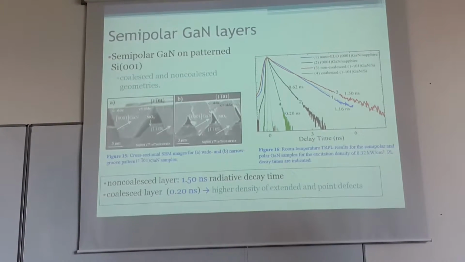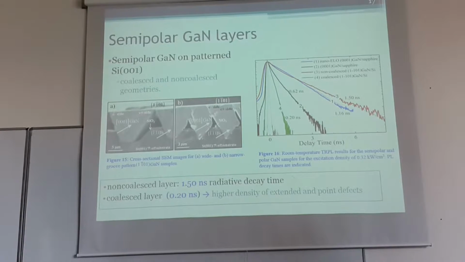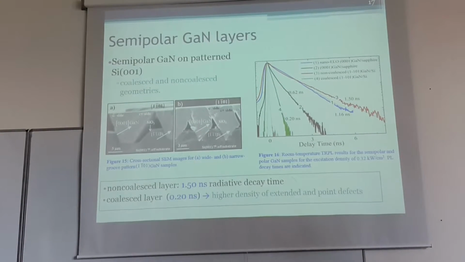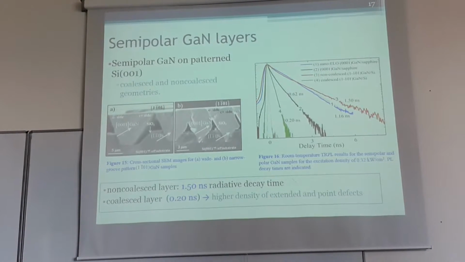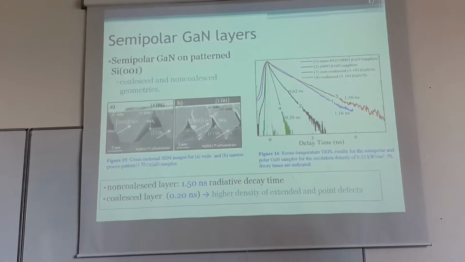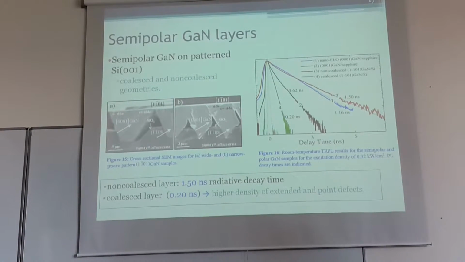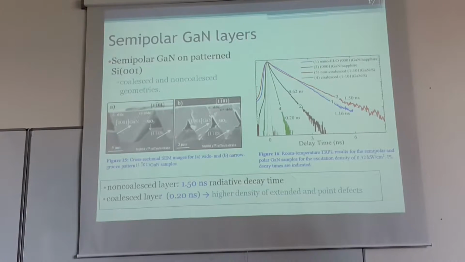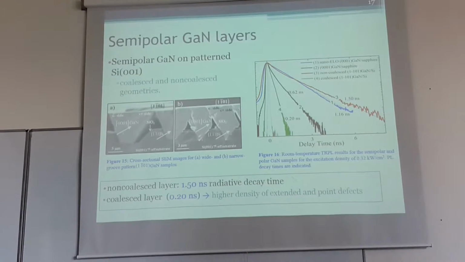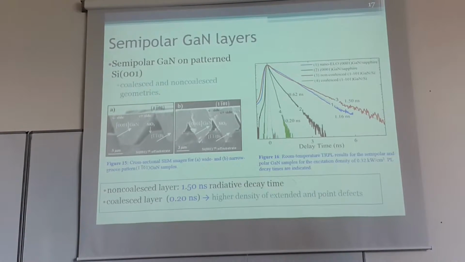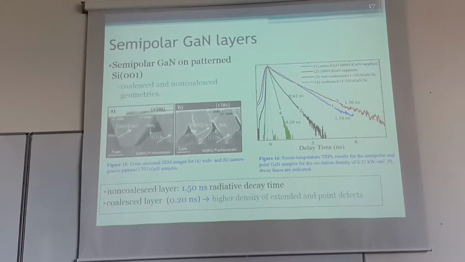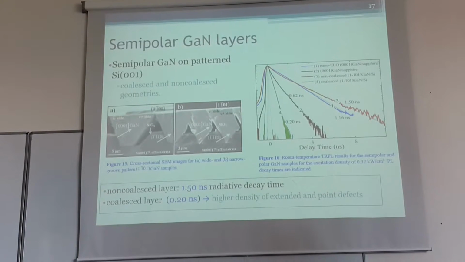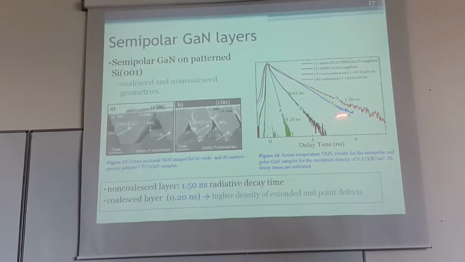And we also obtained non-coalesced layers, and we compared time-resolved photoluminescence to see which one is efficient, and we found that this non-coalesced layer has a 1.15 nanosecond PL decay time, which is longer than the nano-epitaxy technique, another name of a technique to get polar gallium nitride on sapphire substrate, and this semi-polar structure has better efficiency compared to polar gallium nitride substrates.